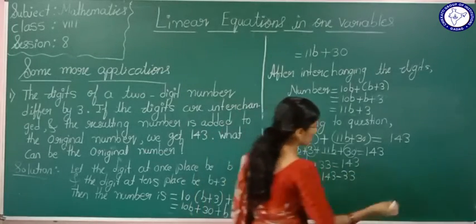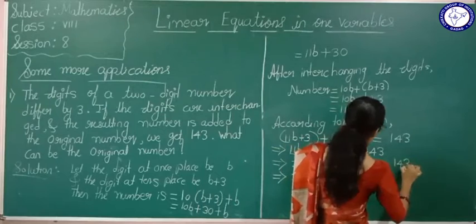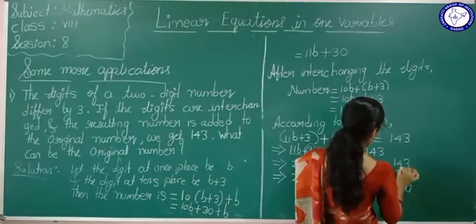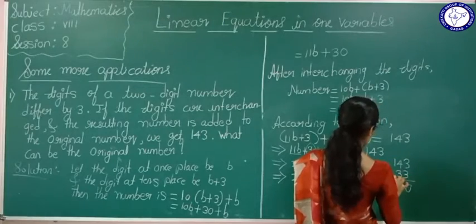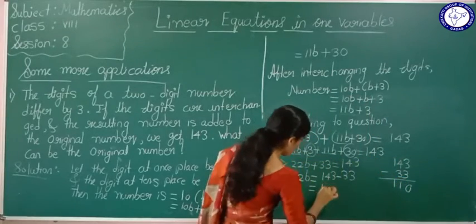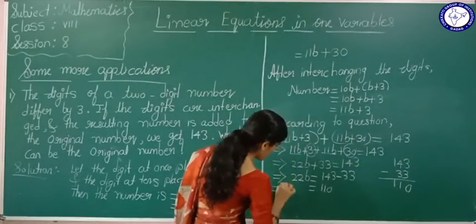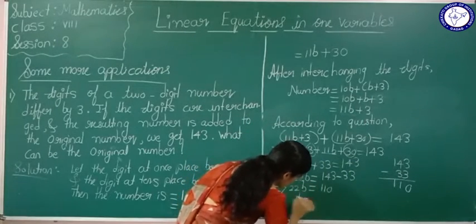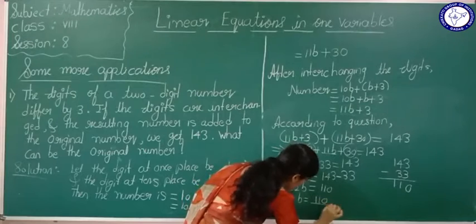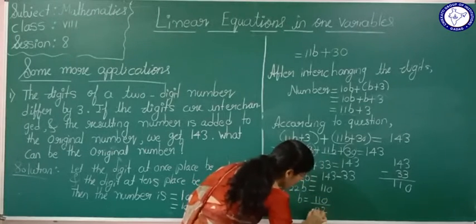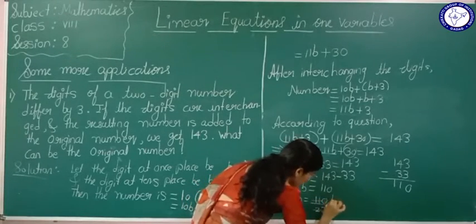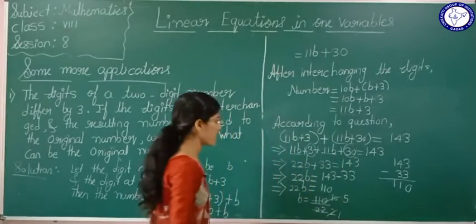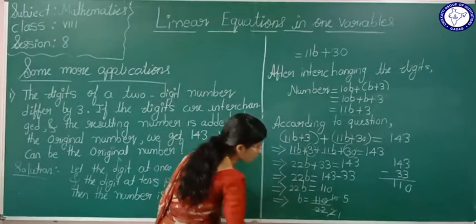What is 143 minus 33? 3 minus 3 is 0, 4 minus 3 is 1, it is 110. So 22b is equal to 110, so b is equal to 110 divided by 22. 11 2s are 22, 11 10s are 110, so b is equal to 5.